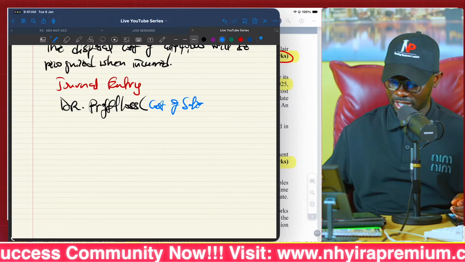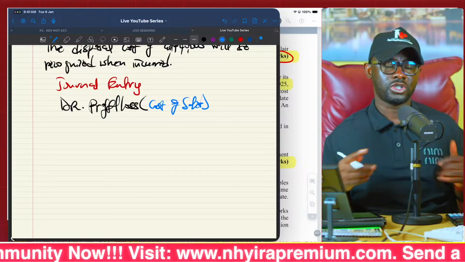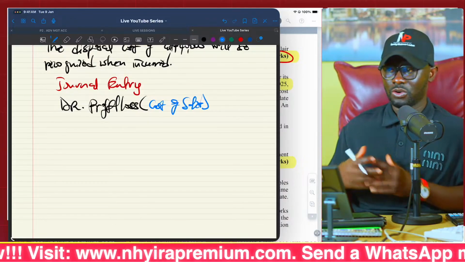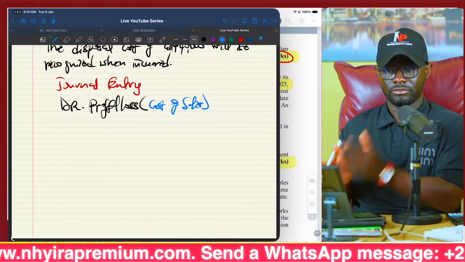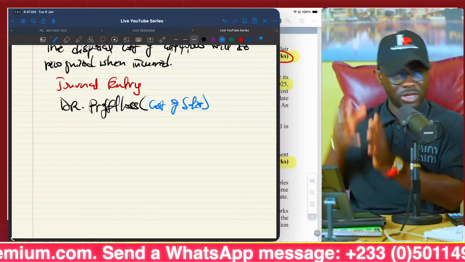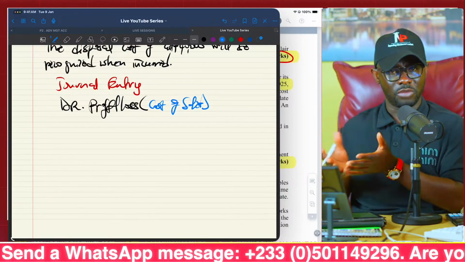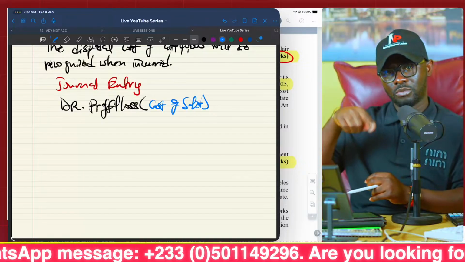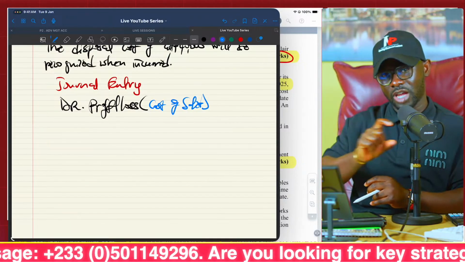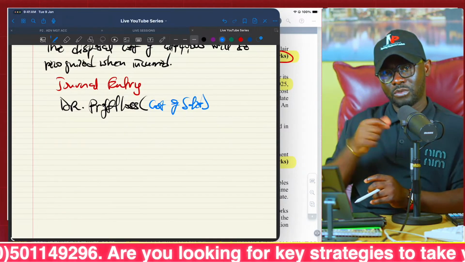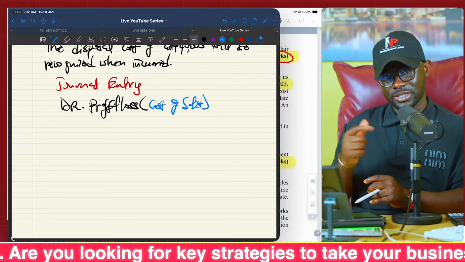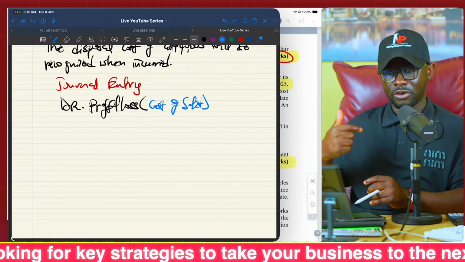The reason the classification is important is because sometimes you know something is supposed to be in P&L, but which segment of the P&L is it supposed to be? Are you supposed to bring it in cost of sales in arriving at gross profit, or in operating expenses in arriving at profit before interest and tax?